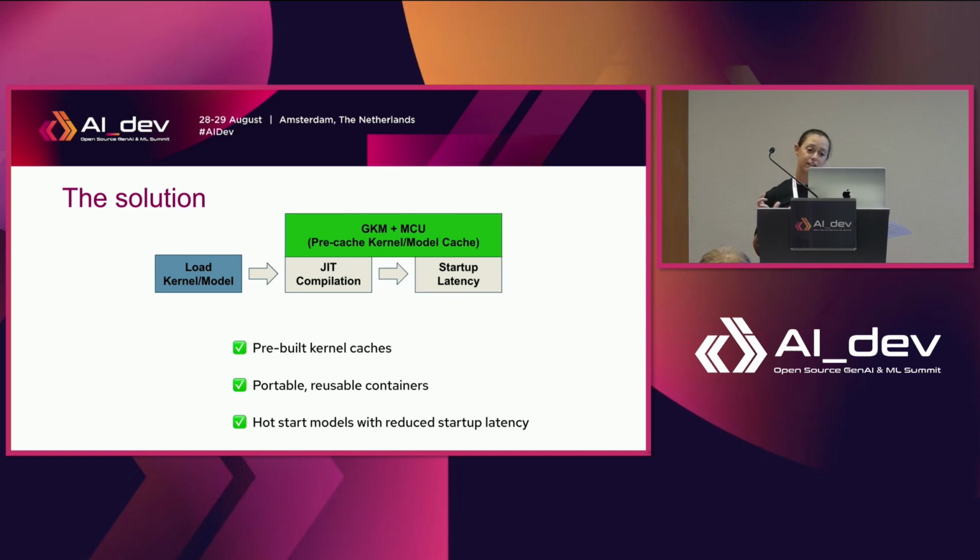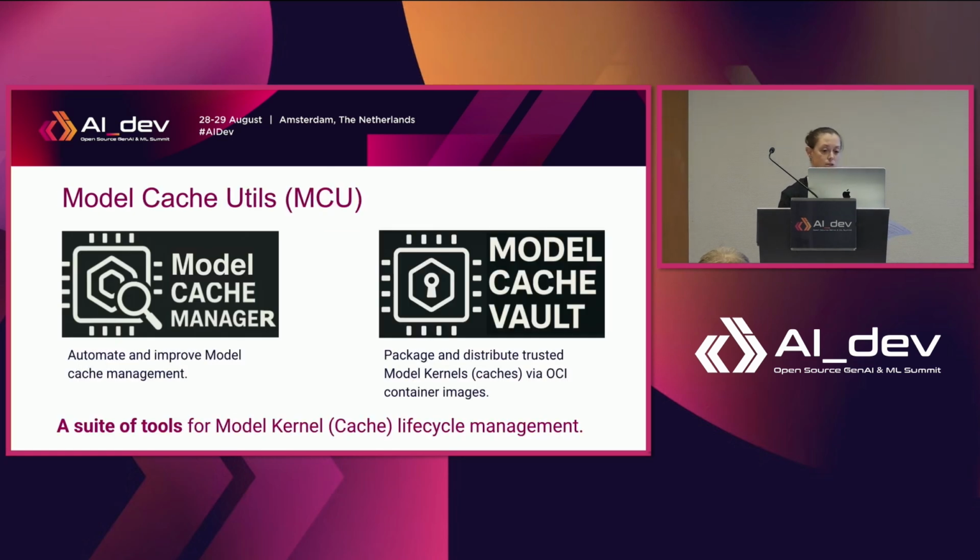Let's talk a little bit about MCU in a bit more detail, and then we can jump into GKM in a lot more detail as well. Essentially, MCU is comprised of 2 tool sets. One set of tools is called Model Cache Manager, and that's the tool that essentially automates and improves the cache management on a host.